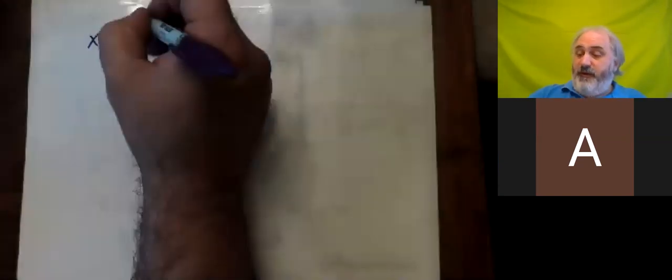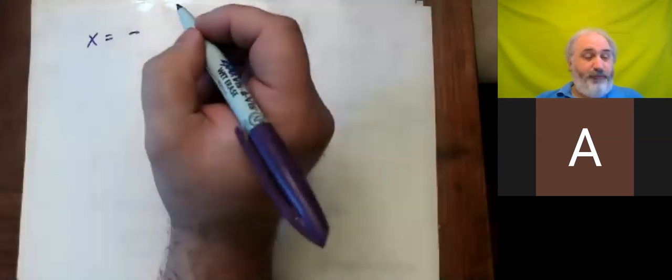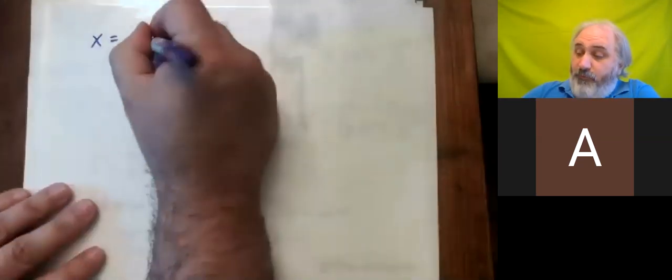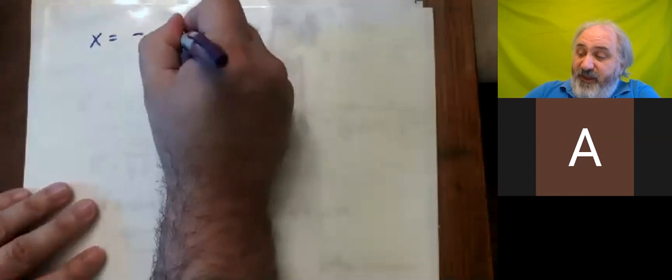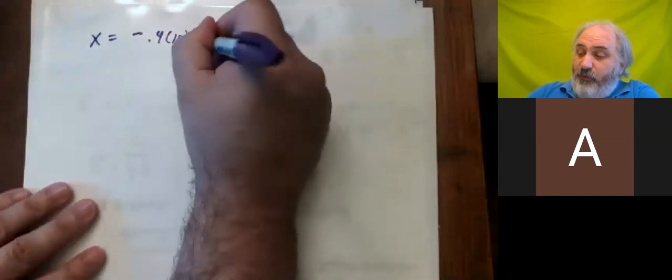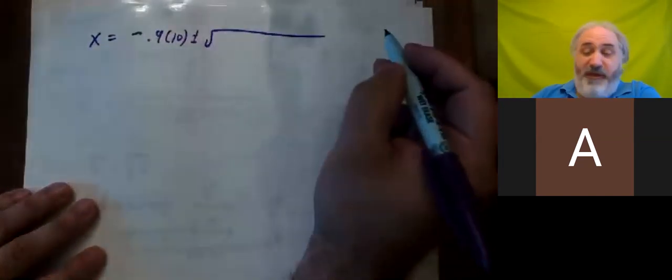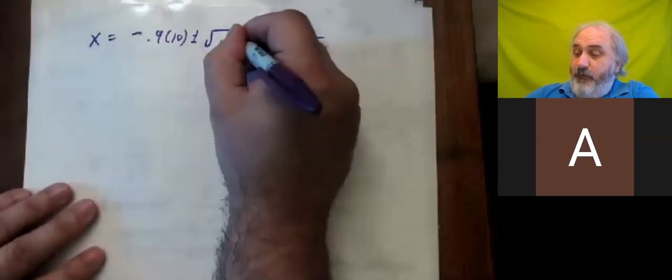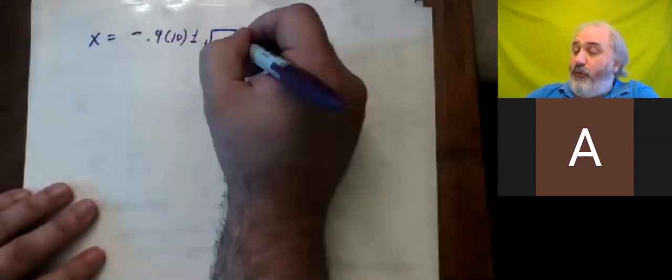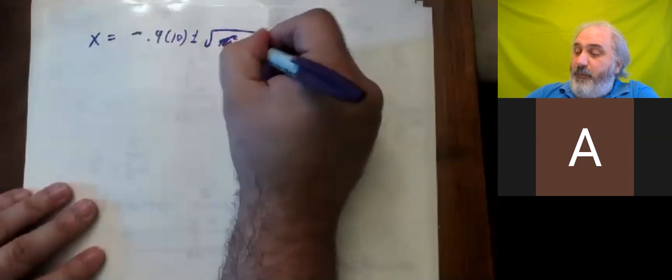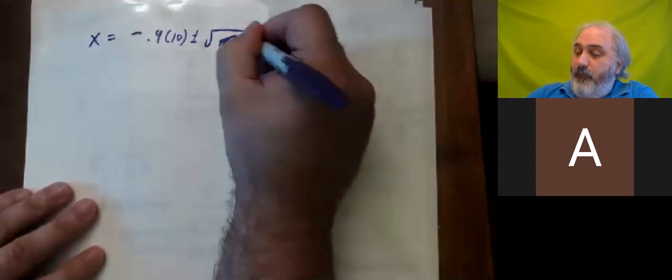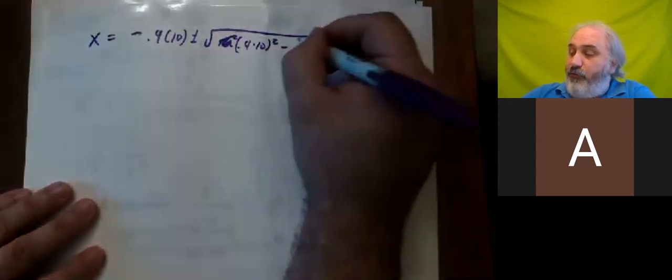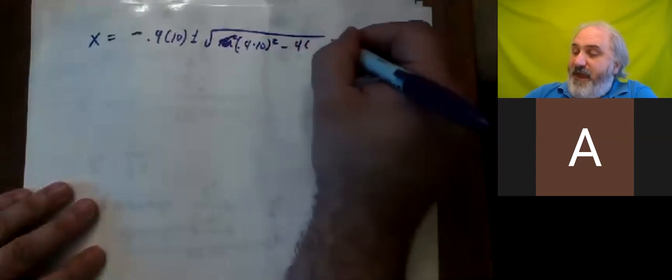So it'll be negative b, so negative 0.4 times 10, plus or minus the square root of b squared, which is 0.4 times 10 squared, minus 4 times a.